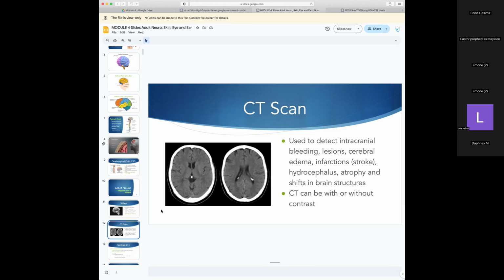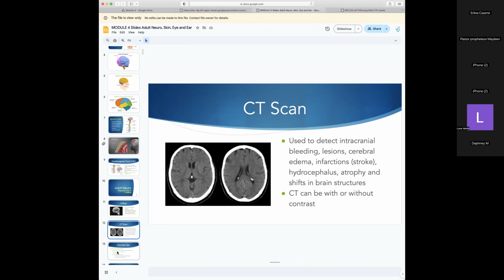So you can use it to detect intracranial bleeding, lesions, cerebral edema, infarctions, which would be stroke, hydrocephalus, which would be like a buildup of fluid, atrophy, which is like a decrease in mass of the brain, and also a shift. A CT can be with or without contrast.